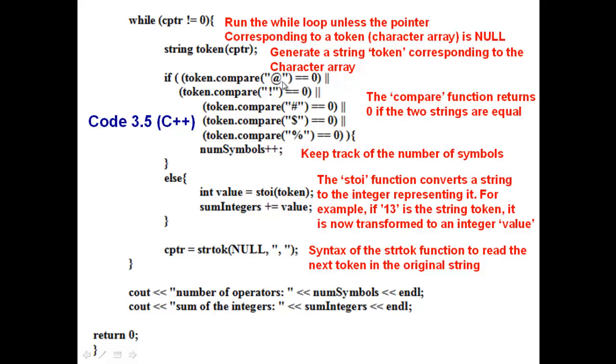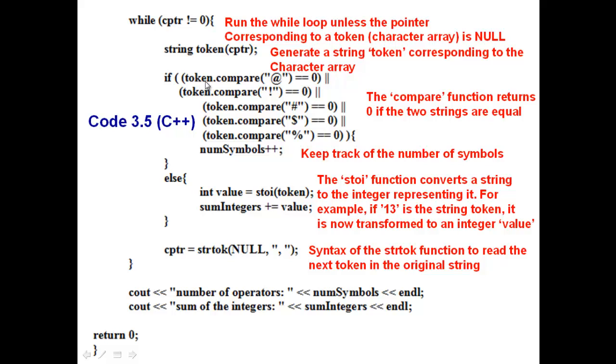It means this symbol inside the compare function will appear first in the dictionary compared to this token. If the return value is less than 0, it's the other way. But we don't need to know those details. We just want to check here equal to 0. If it's equal to 0, then the two strings are the same. That's what we are interested in.